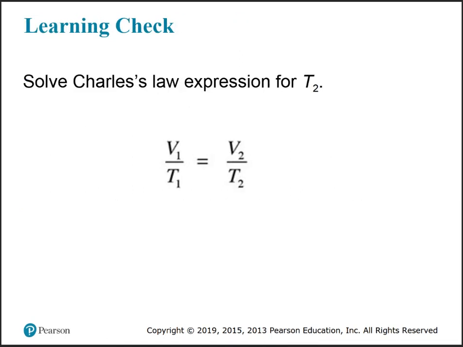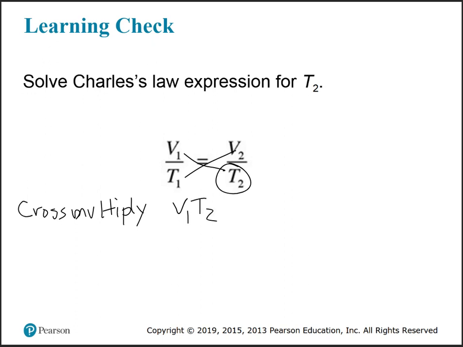So let's say that we wanted to solve Charles's law for T2, which is right here. The first thing you do is cross multiply. So you get V1 times T2 is equal to V2 times T1.